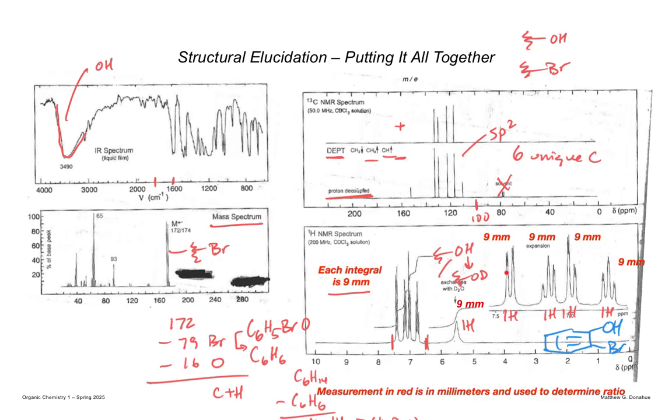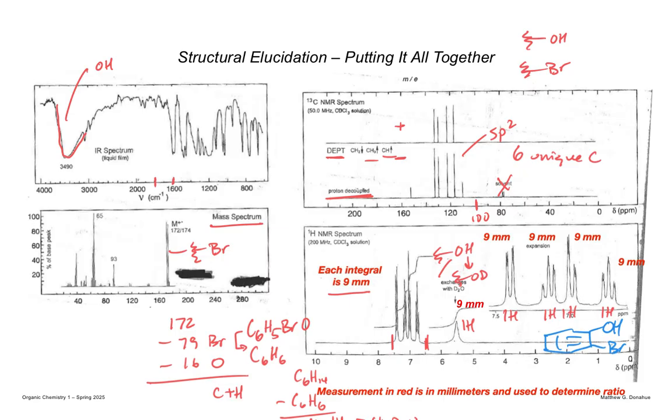What you'll notice here is that at the top of those there's a little bit of splitting. It's kind of beyond this course, but this looks like a doublet, right? What can happen is that you have your neighbors doing the coupling, but on another level, the neighbor's neighbor can also couple.